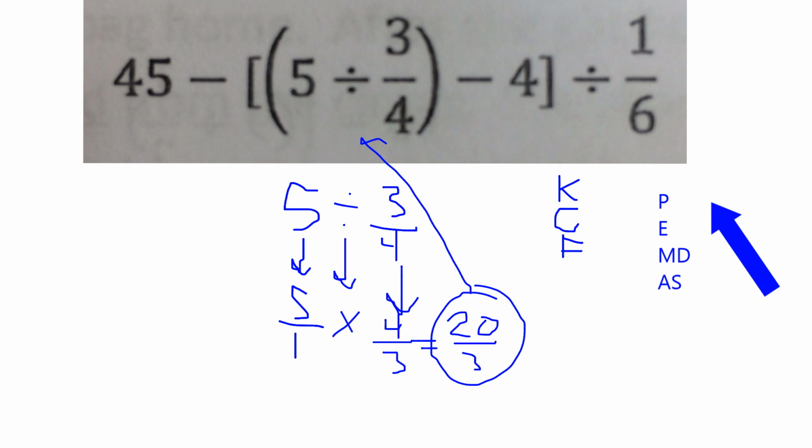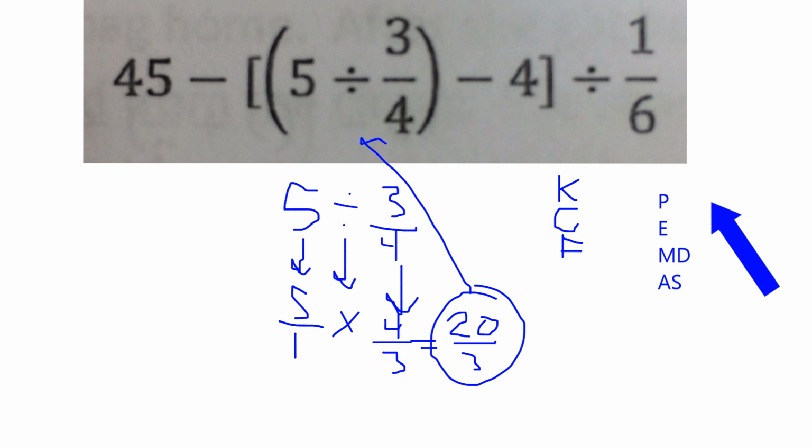We change the division to multiplication, and we flip 3/4 to 4/3. Now we can just multiply it out, and we'll end up getting 20/3. So 20/3 is what this part of the equation is equal to.